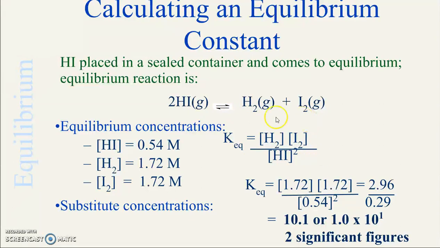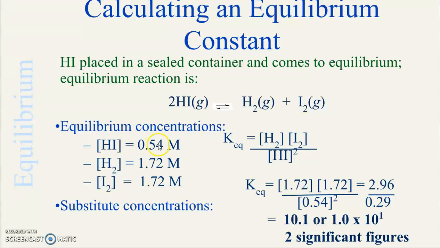If I were to write the equilibrium constant expression for that, I would have my products over my reactants. So the concentration of hydrogen times the concentration of iodine, with no exponents, divided by the concentration of HI to the second power.